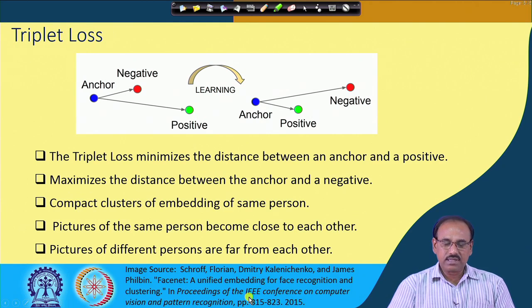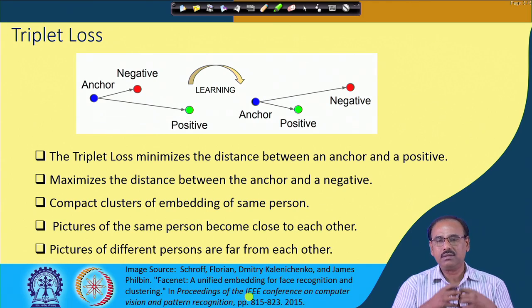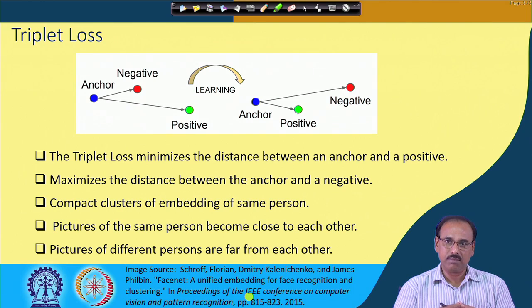Once the FaceNet is trained, what it tries to do is this: I want the distance of the anchor from the positive sample to be low and the distance of the anchor from the negative sample to be high. So FaceNet tries to make compact clusters of the images belonging to the same person, whereas the clusters of images belonging to different persons should be wide apart.